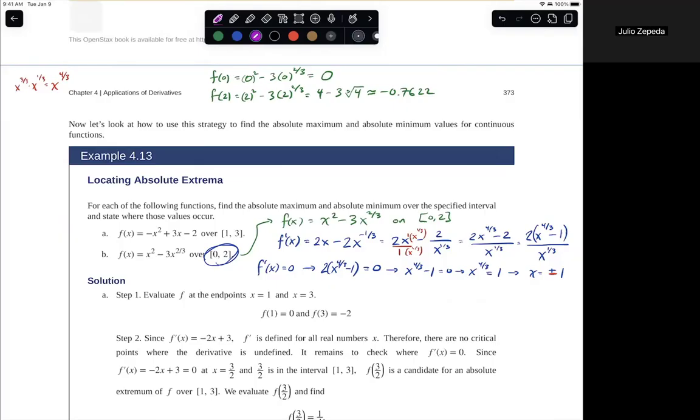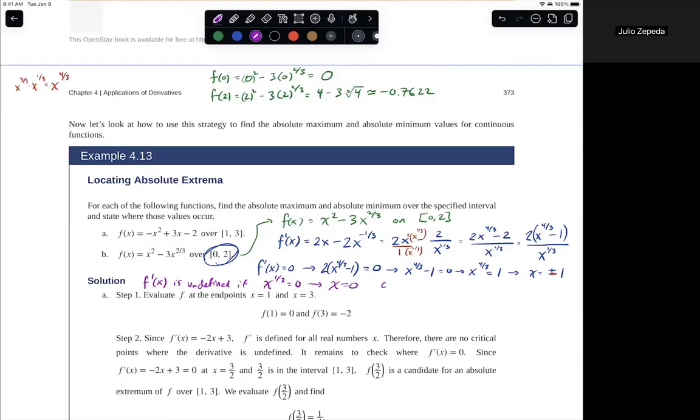Okay, so finally, f prime of x is undefined if its denominator is equal to 0. And so if x to the 1/3 equals 0, that is going to imply that there is a critical point. And if we solve this equation here, cube both sides to get x equals 0.